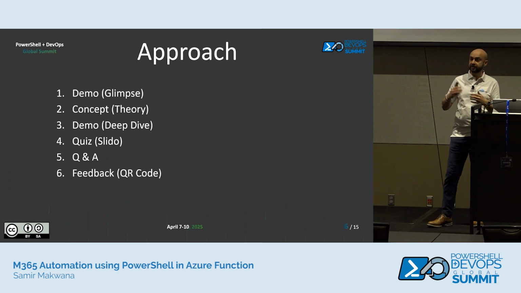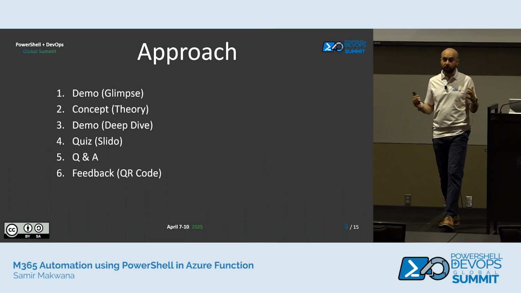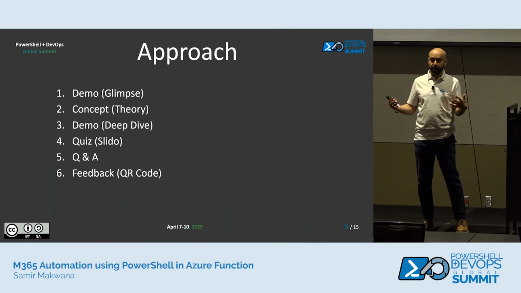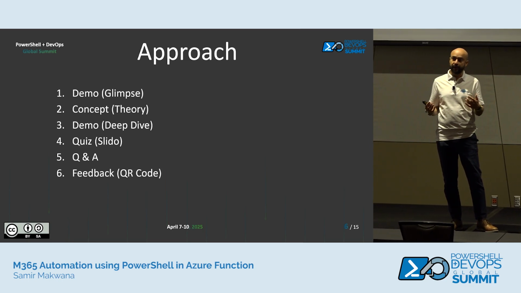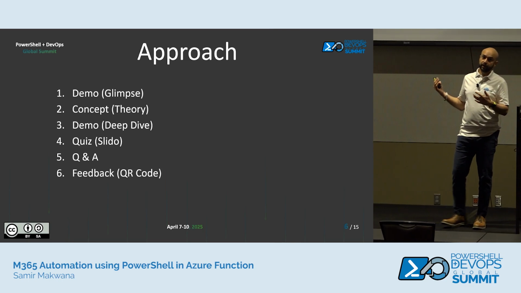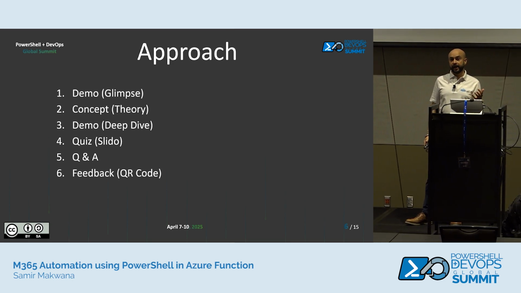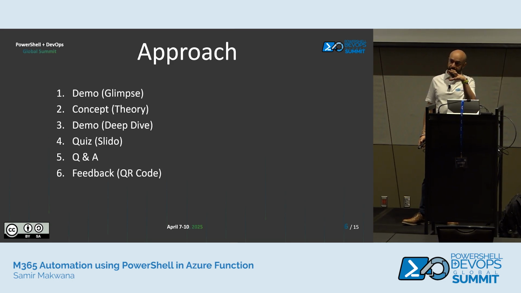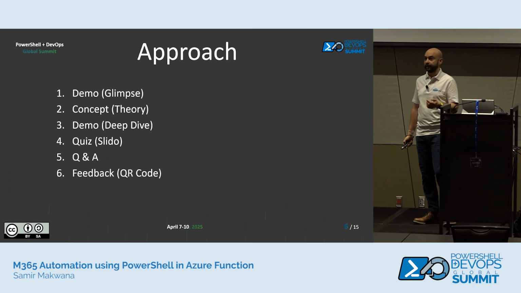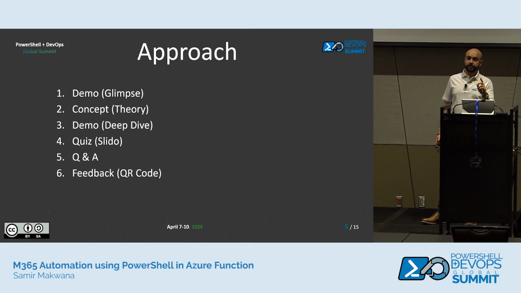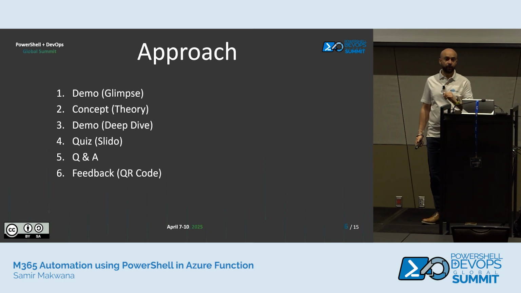So if you're going to your senior leadership or a customer, talking to them about how these products work together seamlessly, that is what I'm trying to do here, to show you how it looks end to end. Then we'll deep dive into a specific function of that whole automation, which is Azure Functions and PowerShell, and then the quiz, the Q&A and the feedback at the end. By the way, for the quiz there will be Slido, so you can use your phone to scan the QR code and fill in the quiz afterwards.